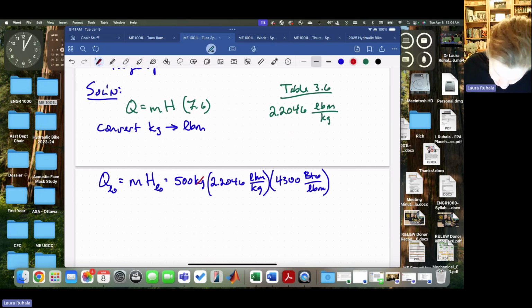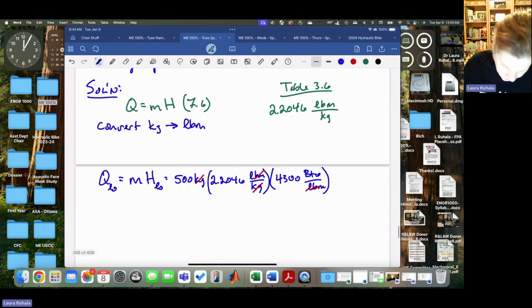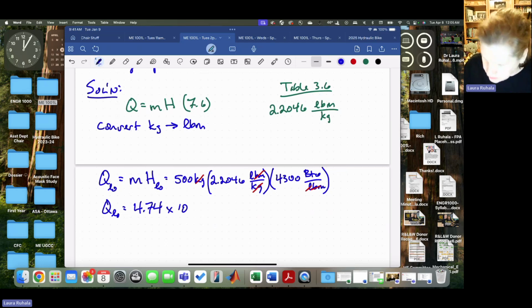Okay, so kilogram, pound mass. Sure enough, I'm getting my heat in terms of BTUs, which is just perfect. So the low amount of heat would be 4.74 times 10 to the 6 BTUs.